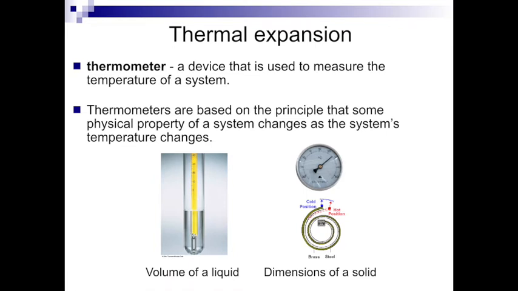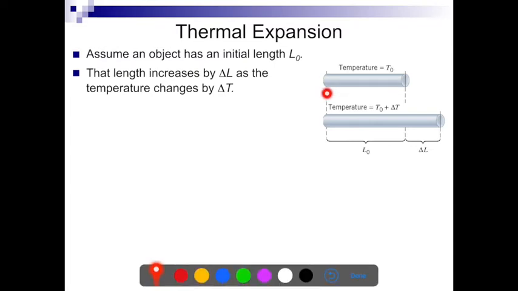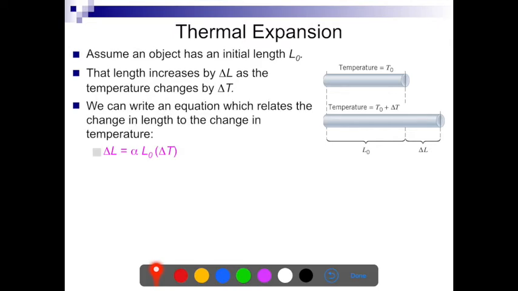How do we quantify the thermal expansion of an object when it's heated? If we assume that an object has an initial length L0 at the initial temperature T0, and if the object's length increases by delta L when the temperature changes by delta T, then we can write an equation that relates the change in length to the change in temperature.